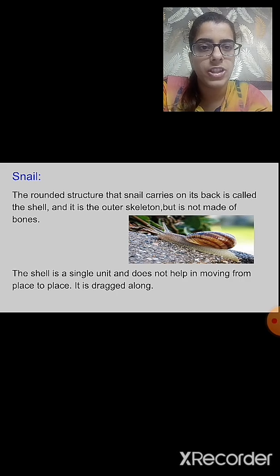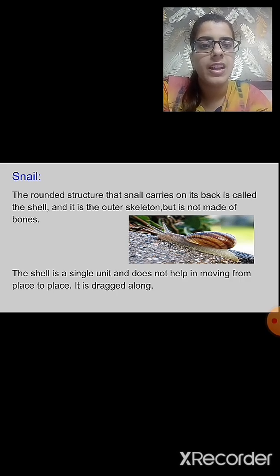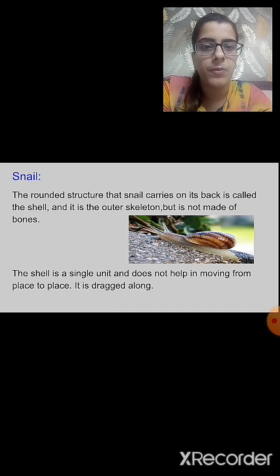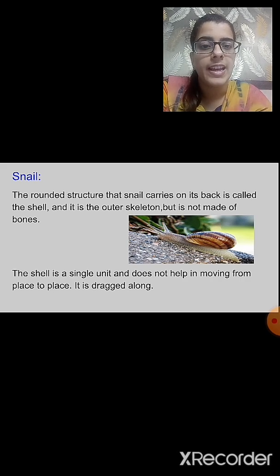It is the outer skeleton, but it is not made up of bones. The shell is a single unit and does not help the snail to move from one place to another. It is dragged or carried along.